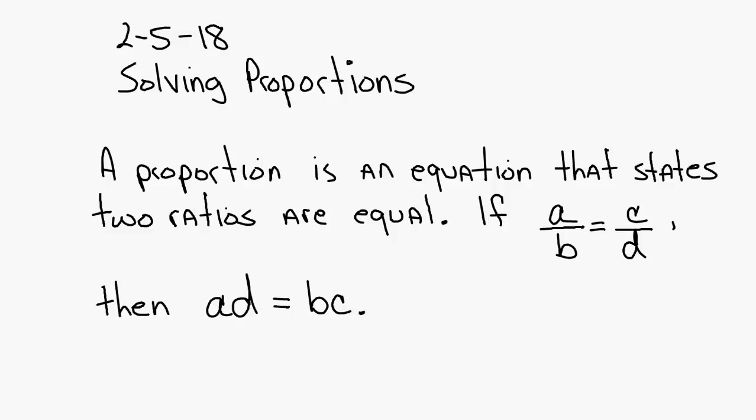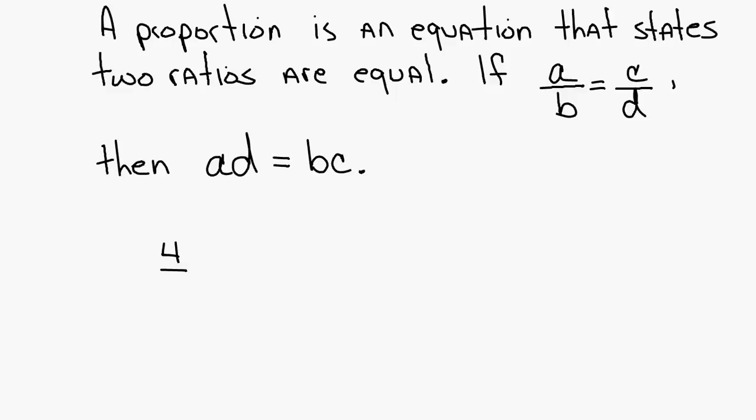So, when you're given the proportion 4 over 3 is equal to 8 over x, and you're asked to solve for x, you're going to crisscross multiply. So in this case, you would take 4 times x.